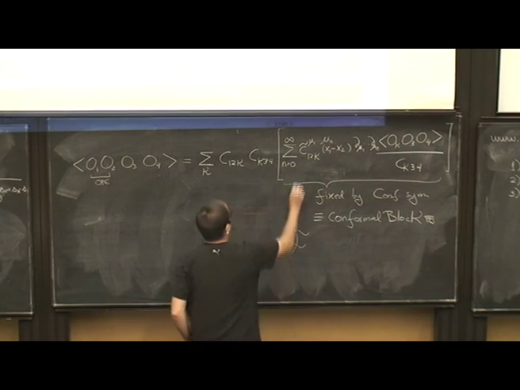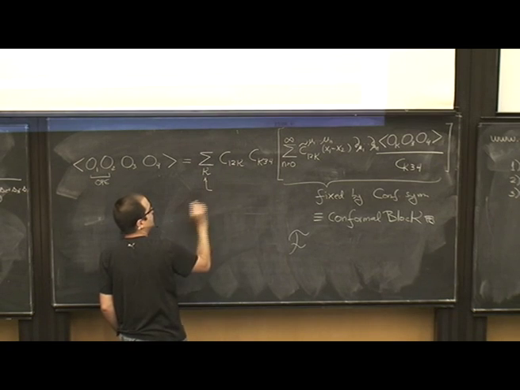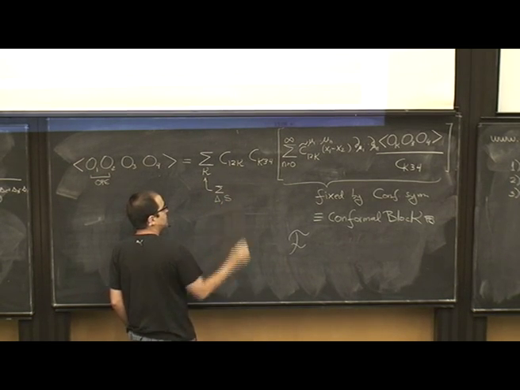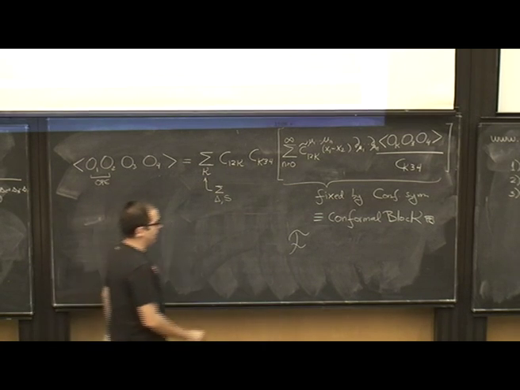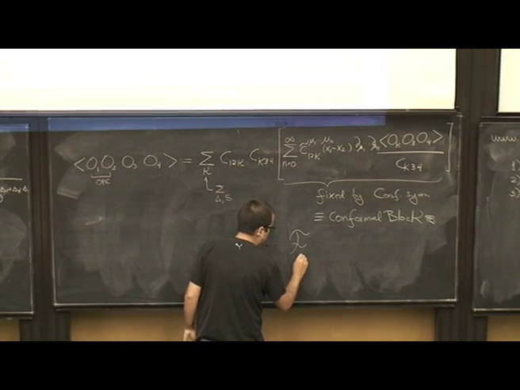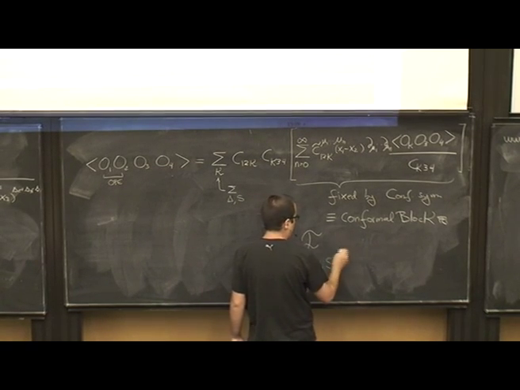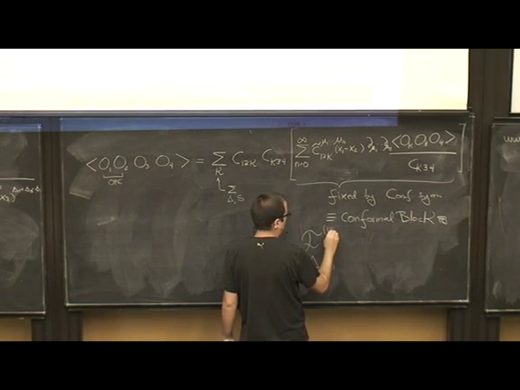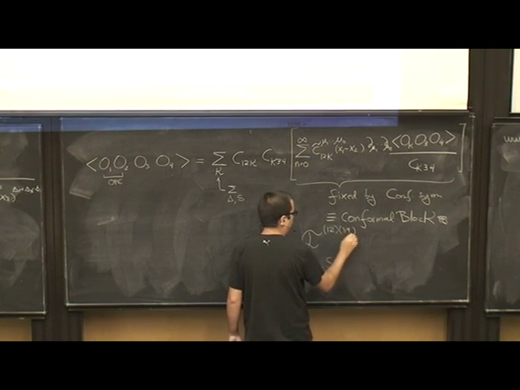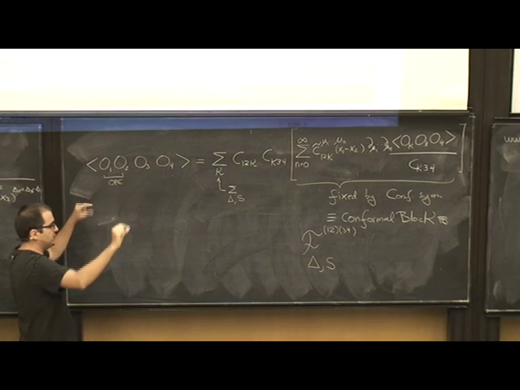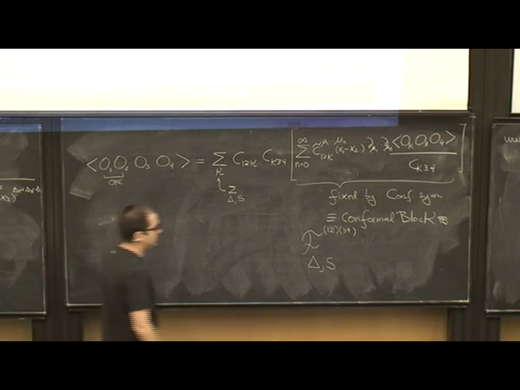So this k here, we should think of this sum as a sum over operators of a given dimension and a given spin over primaries. And this conformal block is a function that depends on the dimension, on the spin, and then we can put some 1, 2, 3, 4, because to remind us that it was in the channel where we fused 1, 2, and 3, 4, so it knows about the dimensions of these operators.